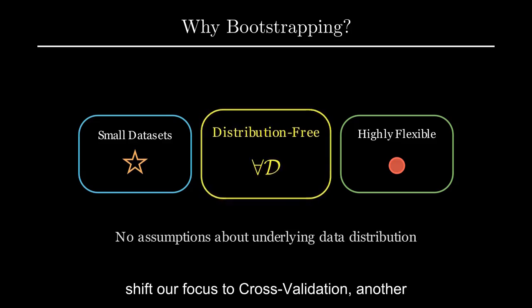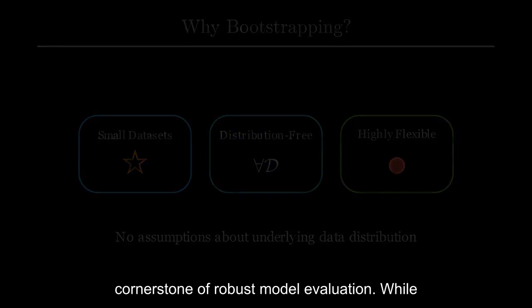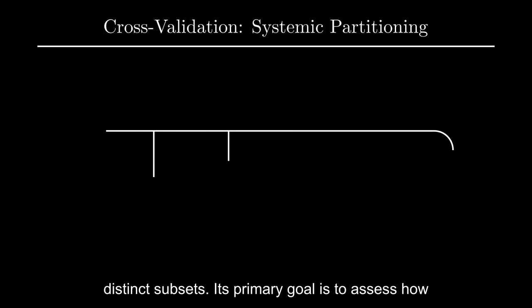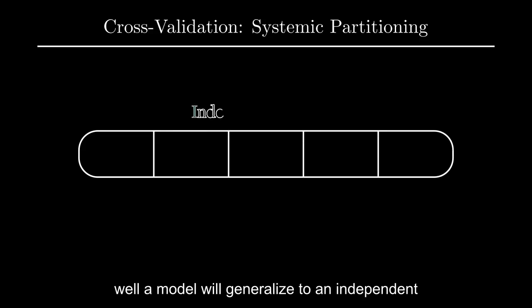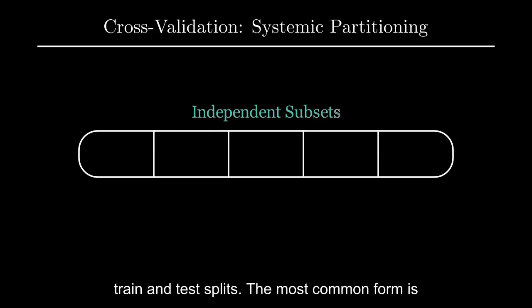Now, let's shift our focus to cross-validation, another cornerstone of robust model evaluation. While bootstrapping samples with replacement, cross-validation partitions the dataset into distinct subsets. Its primary goal is to assess how well a model will generalize to an independent dataset by systematically rotating through different train and test splits.